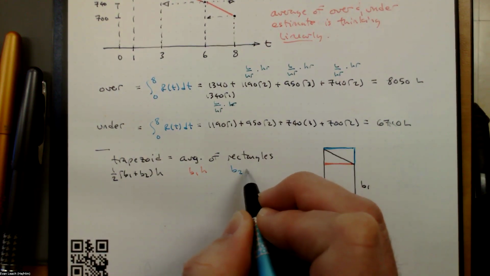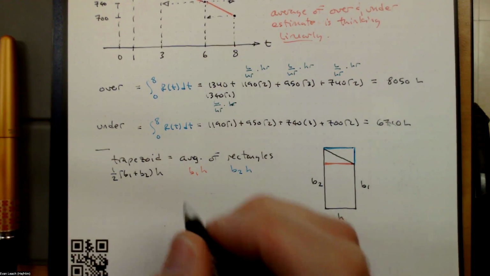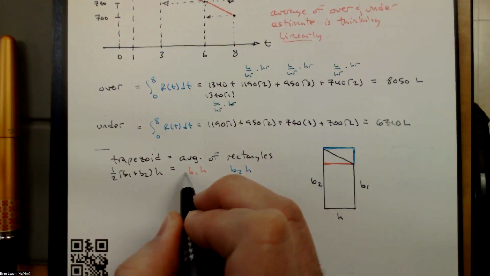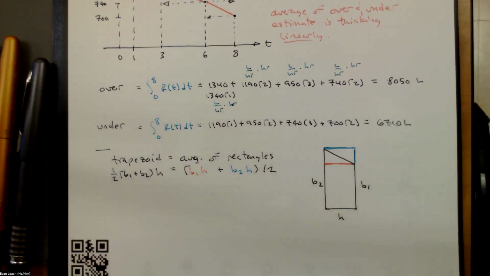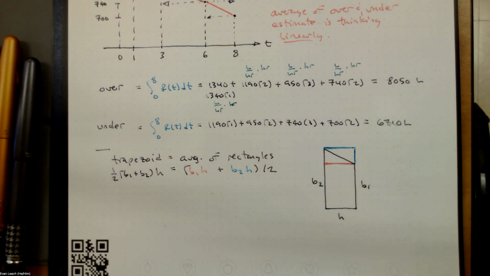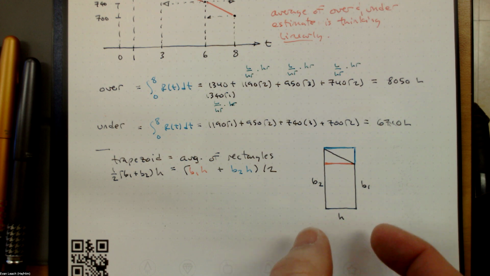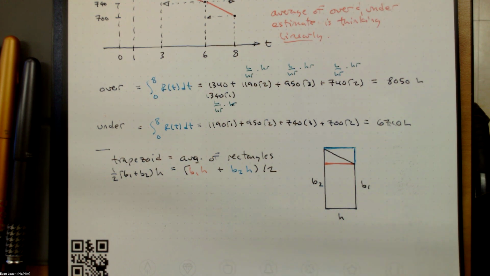That's B2 times H. And we want to add these up and divide by 2. So the area of a trapezoid is the area of a couple of rectangles. We're just connecting the two rectangles with a line. This works even if the height is not actually one of the sides of the trapezoid.